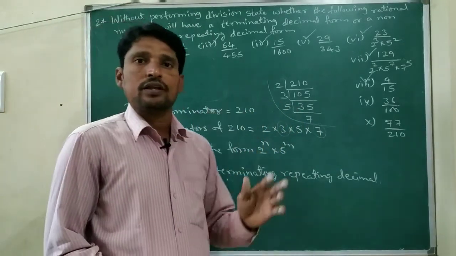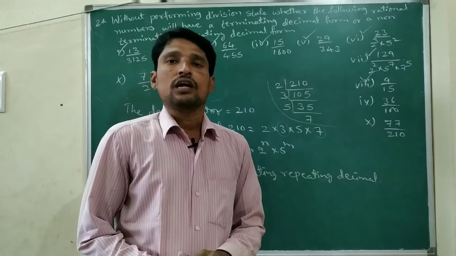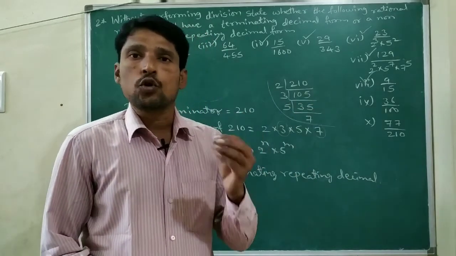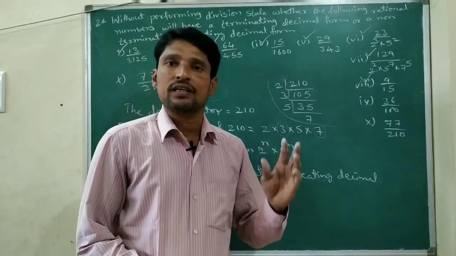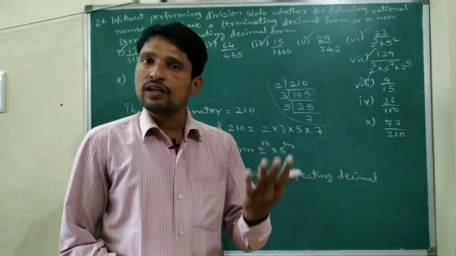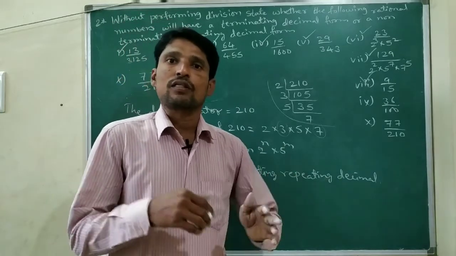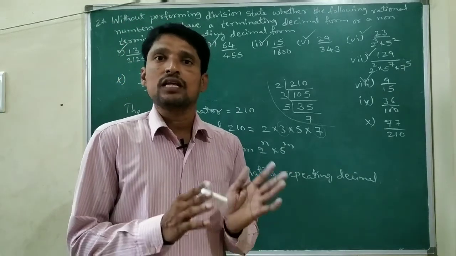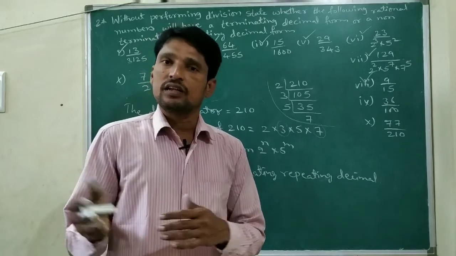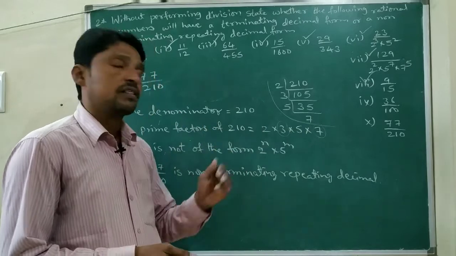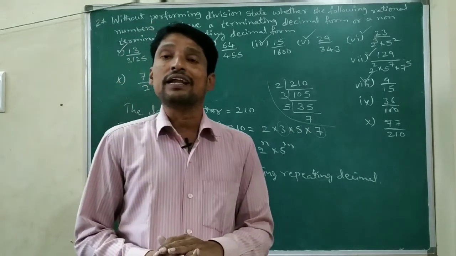So what is terminating? We need to check the denominators. Denominators of the form 2 power n into 5 power m mean it is terminating. Otherwise it is non-terminating and repeating decimals. If some other prime numbers like 3, 7, 11, 13, 17, 19 appear in the prime factors of the denominator, it is non-terminating and repeating.